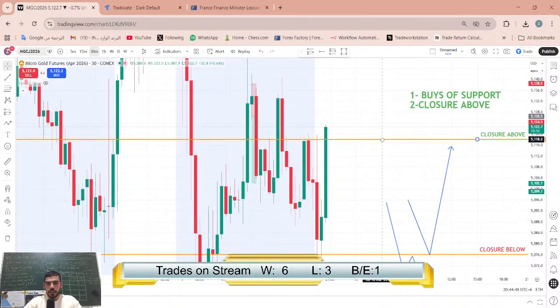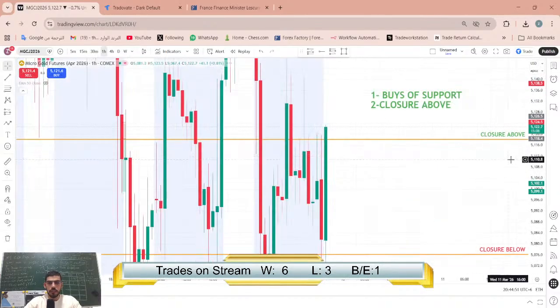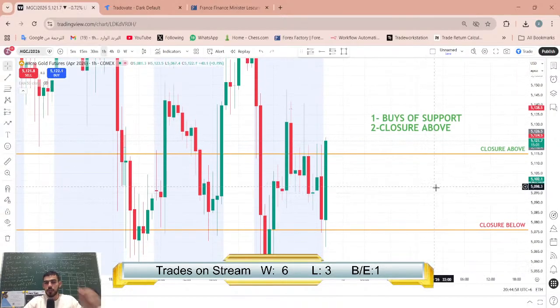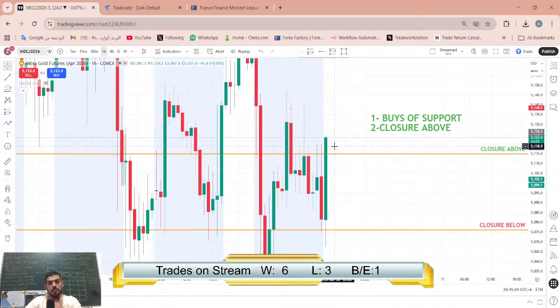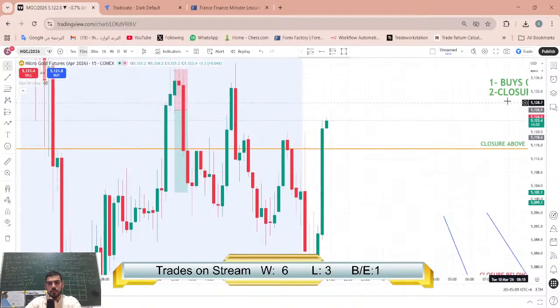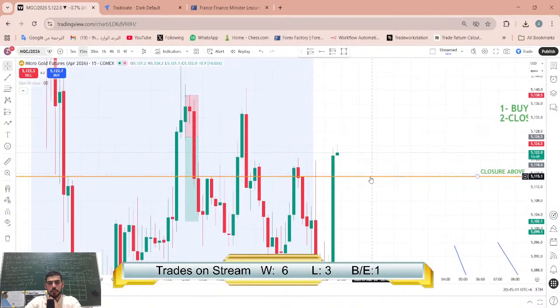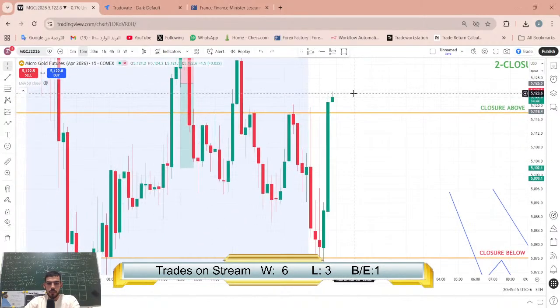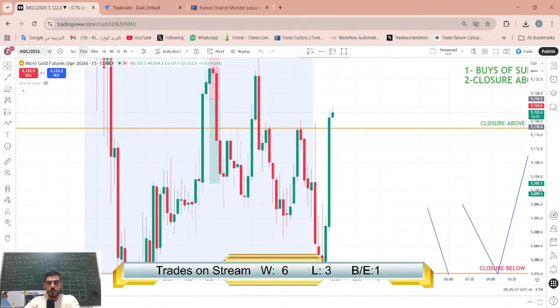Maybe we can enter some buys here if this candle keeps moving, or even better on the 1 hour. So when the 1 hour closes like this, bullish, we can wait for the next candle to retest and push back up. We can enter buys from there. We just need a bottom wick.